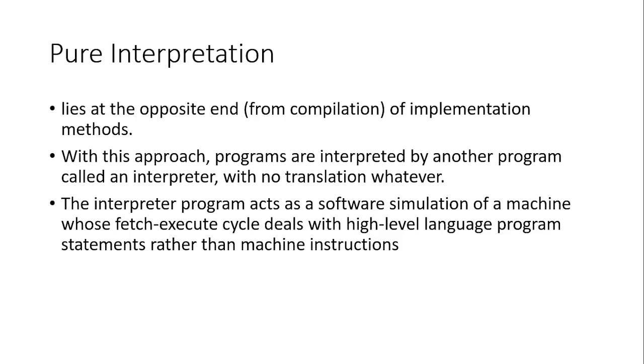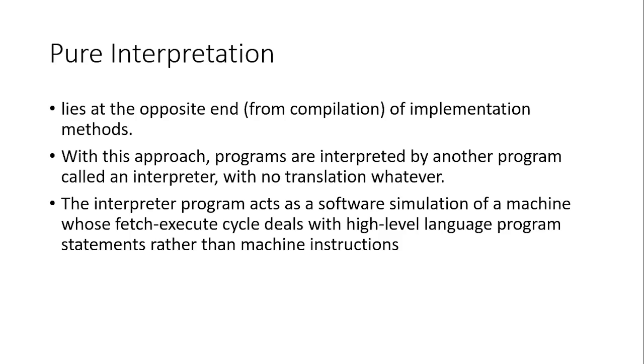And pure interpretation has the advantage of allowing easy implementation of many source-level debugging operations, because all runtime error messages can refer to source-level units. For example, if an array index is found to be out of range, the error message can easily indicate the source line and the name of the array.